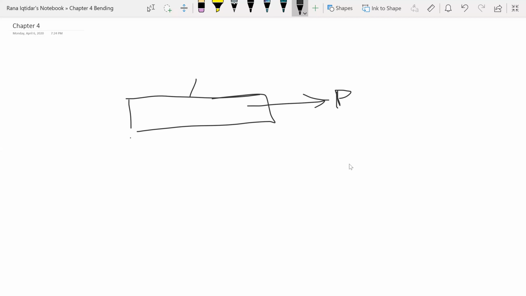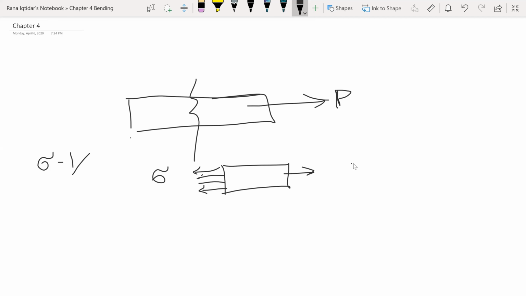So if I take the cross section of this, so this P will be causing an internal force, that will be the reactionary force against this action P, that will be equals to sigma, right? And sigma is equals to P by A, right? So sigma is force per unit area or load per unit area, right?